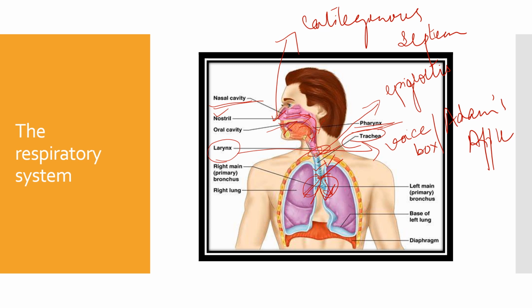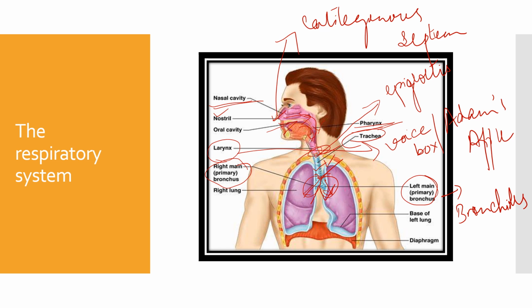Within the lung, each bronchus again is divided into many bronchioles. So the primary bronchus, on the right and the left side of the lung, gives many bronchi. These are again divided into smaller tube-like structures called bronchioles, which are subdivided into small respiratory branches called respiratory bronchioles.